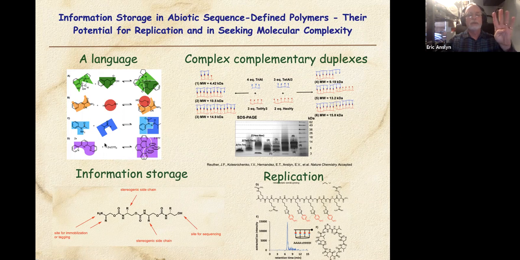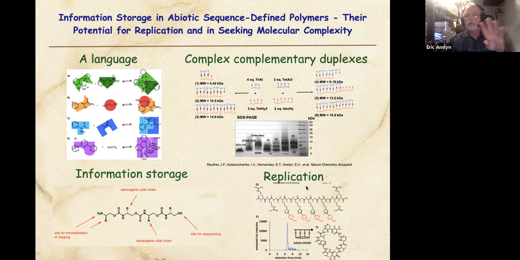And we use these reversible covalent bonds. We've shown that the reversible covalent bonds do allow information transfer, meaning one sequence will properly pair with another complementary sequence. And I even showed you how we're able to actually translate one sequence into the other sequence as a step towards replication. I'm sorry, that's what I'm showing down here.